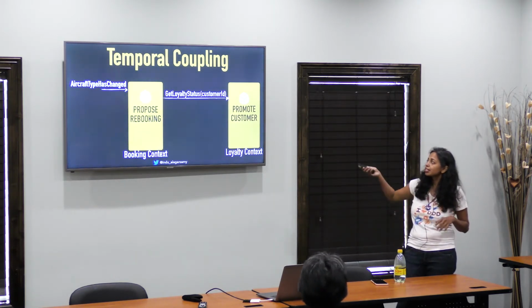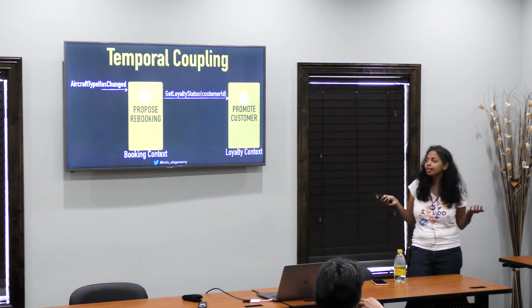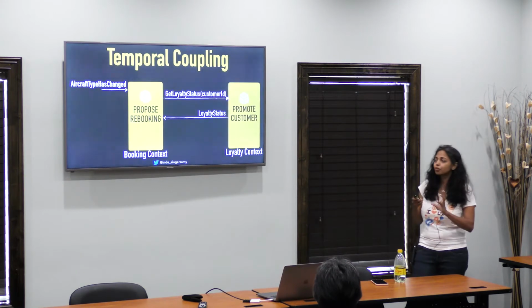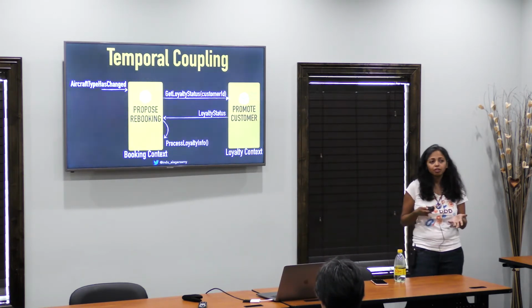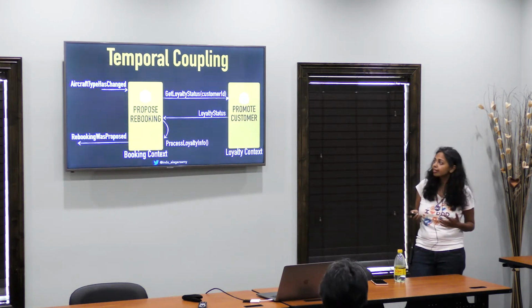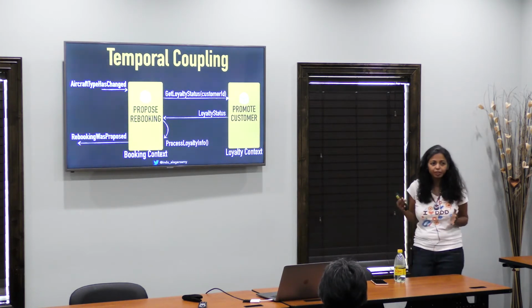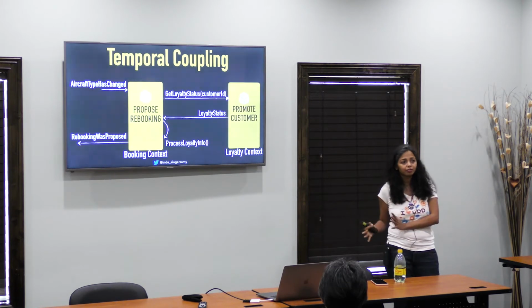Now the loyalty context knows about it and says, oh yeah, here's the status. And now propose rebooking has enough information to make that decision of whether they can or can't, and then take an action. So this is one way of doing it, where one bounded context is asking for information from the other bounded context.